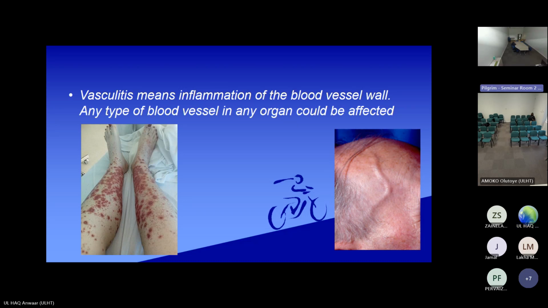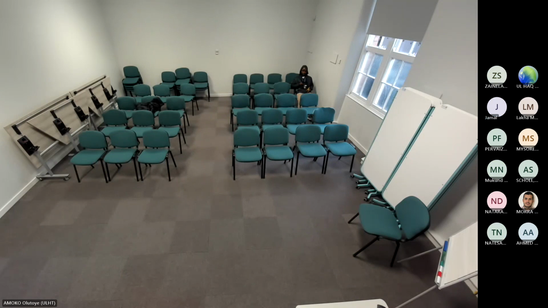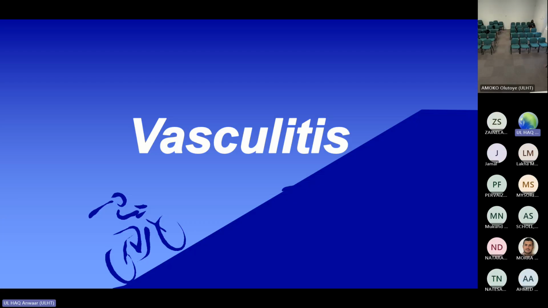No, still can't see anything. Yeah, initially they could see, but sometimes it doesn't. But this will be the smaller version. Is that okay?